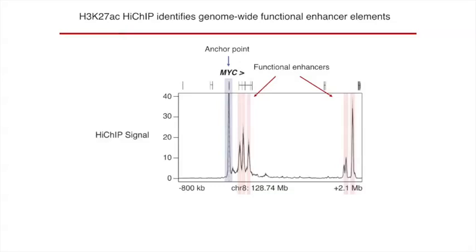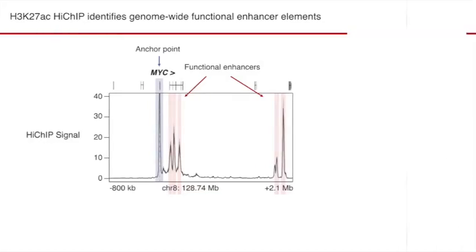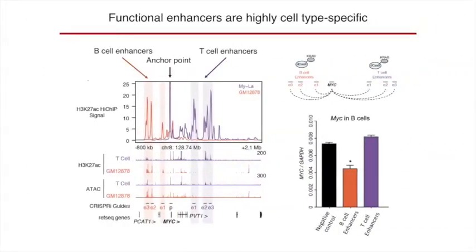They found 5 regions that act as enhancers for MYC, and those perfectly overlap with the 5 that we get. So we can reproduce this 100,000 CRISPR guide experiment using a single assay. I'm showing you one locus here, but you get the same data for every gene genome-wide in a single assay.